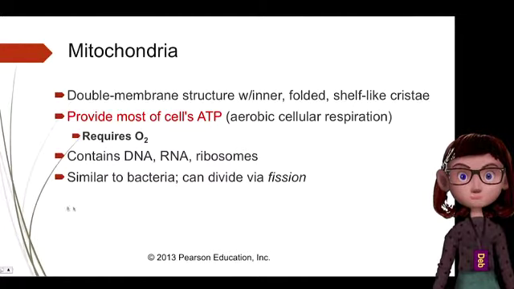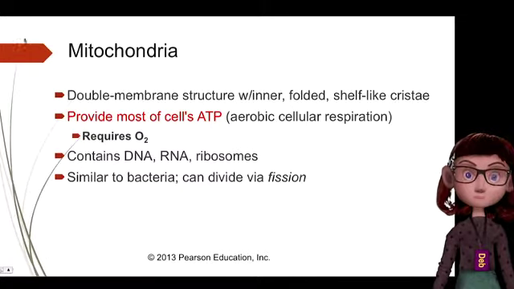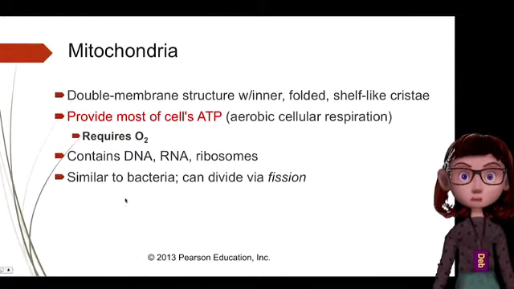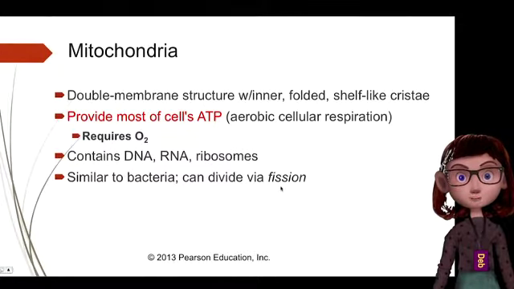It lived on its own, and at one point in time it was engulfed by a larger cell, and because they mutually were benefiting from this situation, the mitochondria just stayed inside of cells, and as those cells divided and evolved into other types of multicellular organisms, the mitochondria stayed there, and they provide necessary energy for that cell. Mitochondria also divide via fission, just like bacteria.